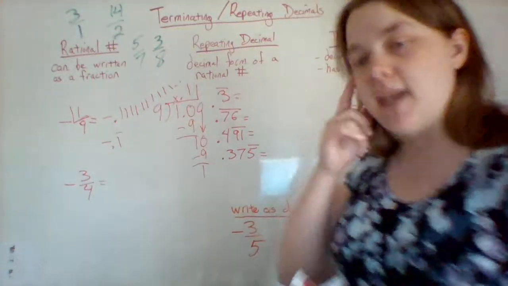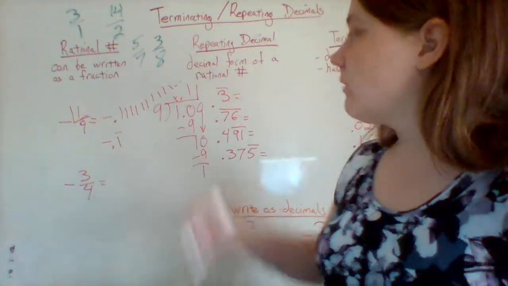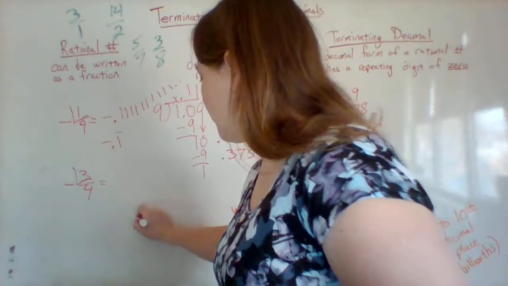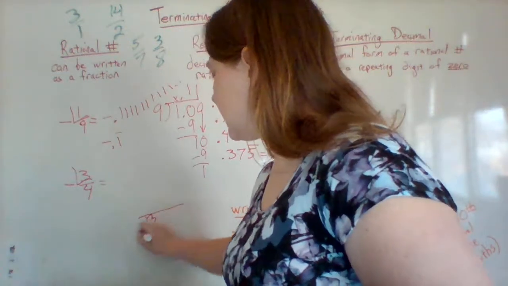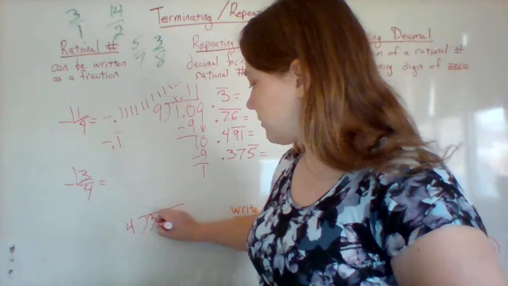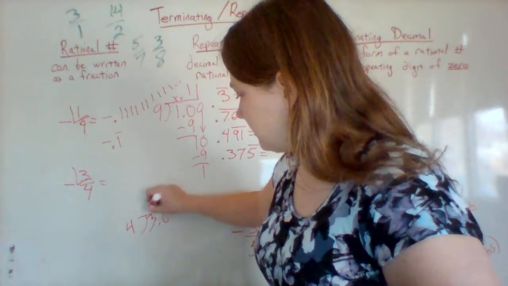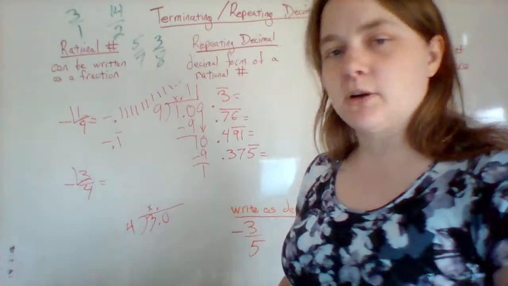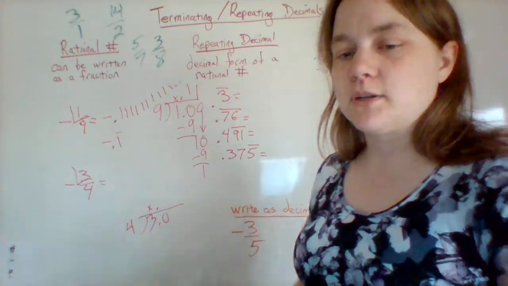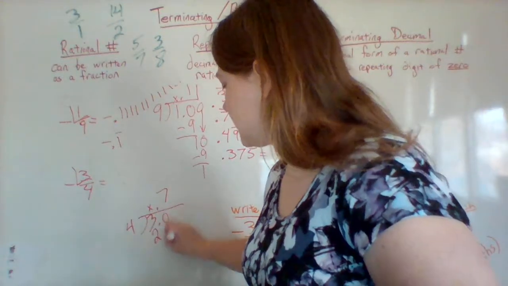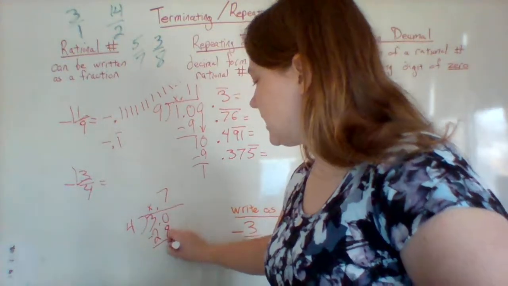So let's take a look at negative 3/4. When I take negative 3/4, I'm going to make the L divide. 3 goes on the inside. 4 goes on the outside. 4 goes into 3. Well, it can't, so we need a 0 there. 4 goes into 30. How many times does 4 go into 30? Let's think about this. 4 goes into 30 7 times. 7 times 4 is 28. 30 minus 28 is 2.